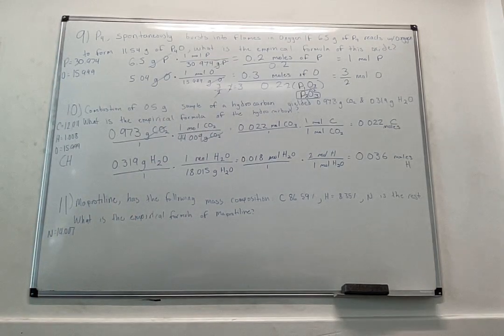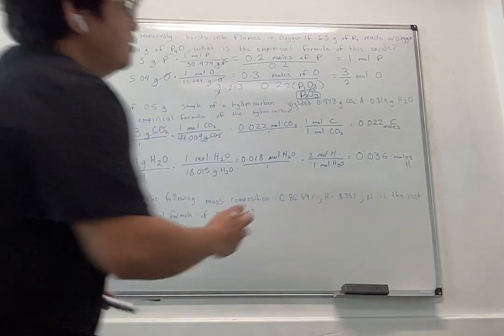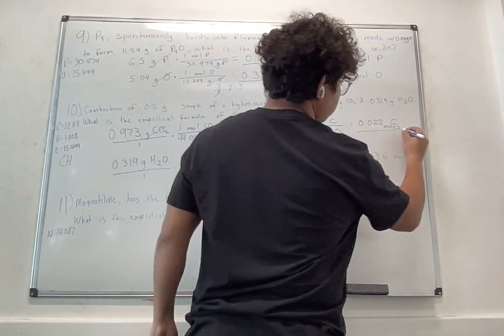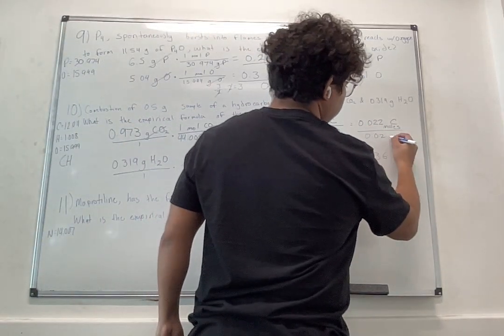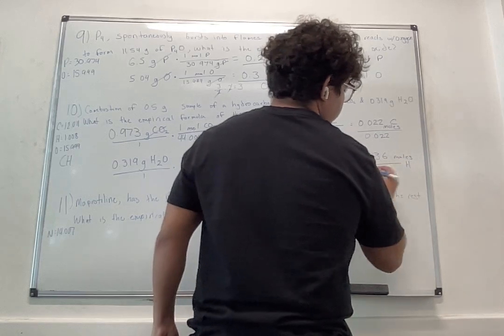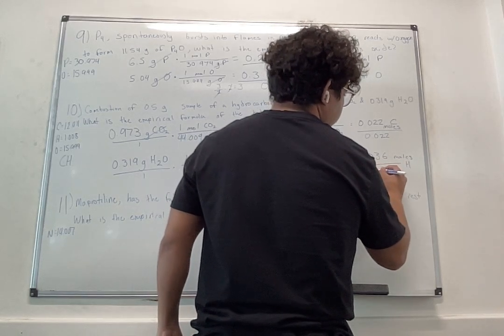So here we got 0.022 and 0.036. The lowest one would be 0.022. Let's go ahead and do that one right there. Both of these get the treatment, 0.022.